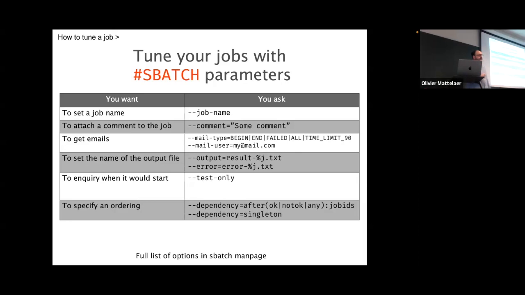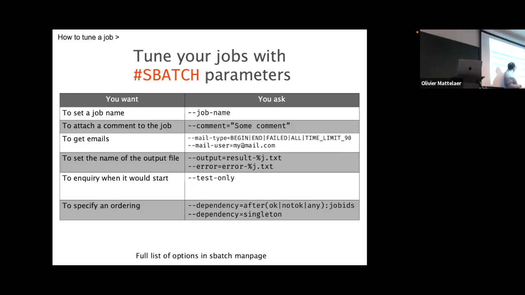Yes. About the mail, what is mail type? I guess it is the frequency of sending the email, right? No, it must be either begin, end, or fail, or this. If you put begin, you will only get an email at the start of the job.